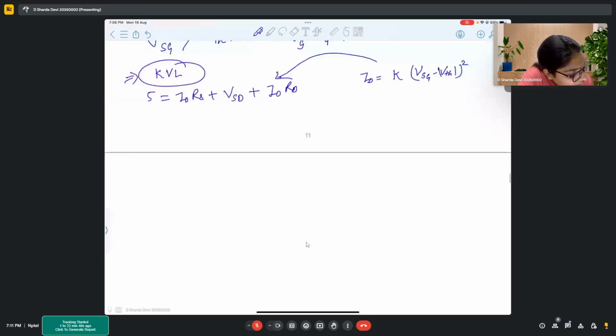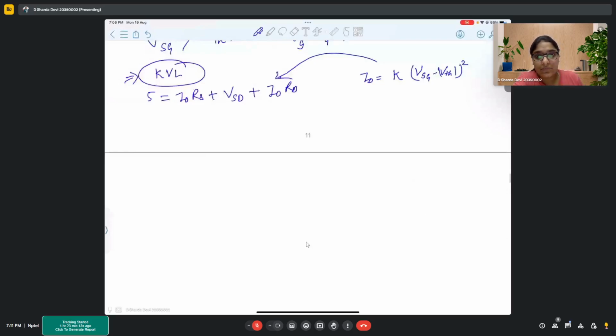From drain there is a resistor connected to ground, and there is another resistor connected from source to ground.